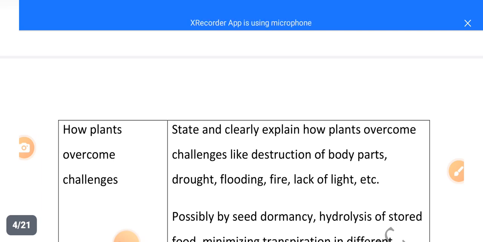The leaves, flowers, and the stems were destroyed, but the roots were not destroyed, and the lateral buds. So they can say how plants overcome such challenges if they are being destroyed, and how can they be able to give good yields. So what you need to do is to think about that.